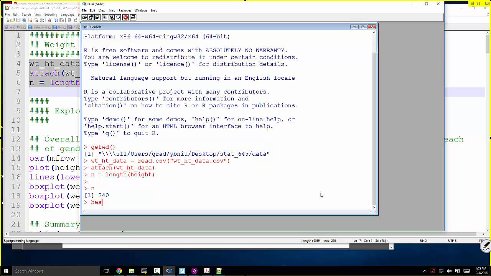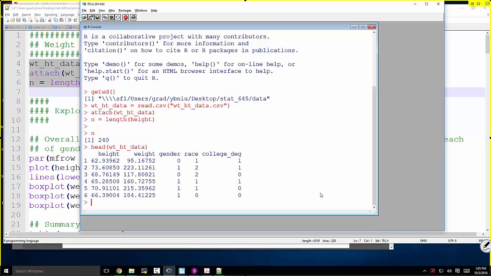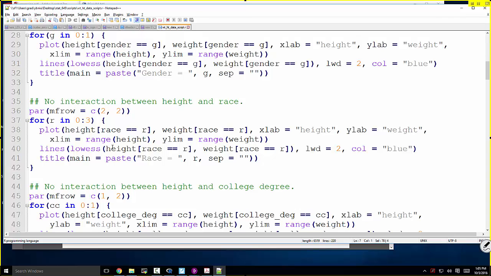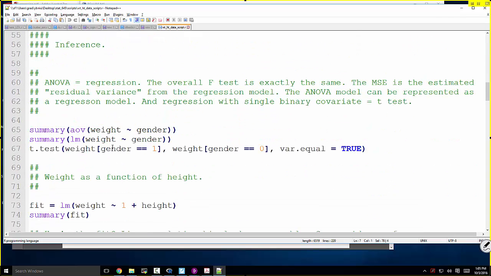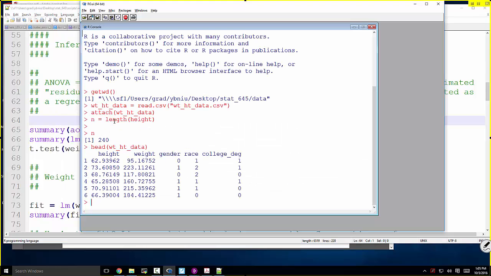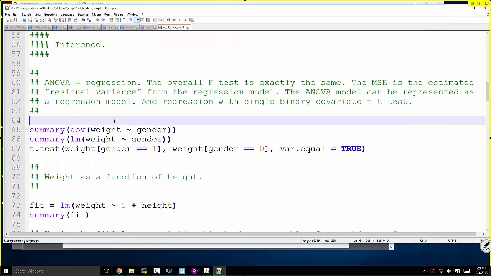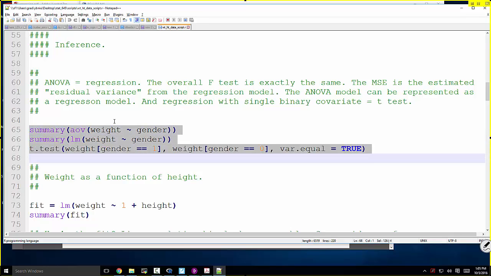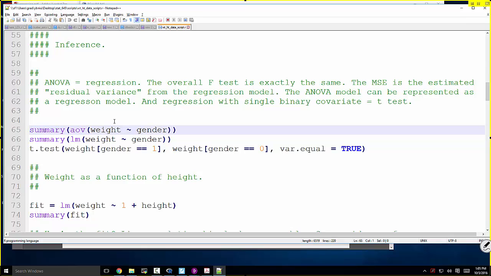Here's the first few rows. And let me come down to stuff we haven't seen yet. This just shows the relationship between ANOVA and regression and the t-test. Why don't we look at that real quick? I think it's good to see when there's overlap between methods. It helps you to understand what they're doing.